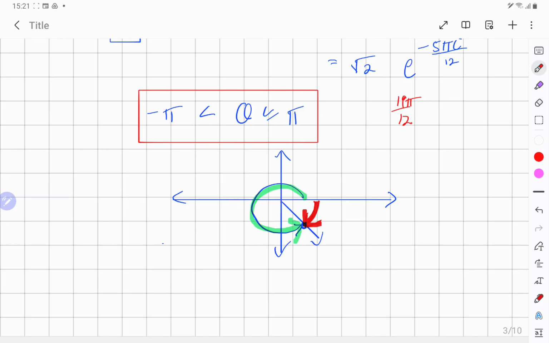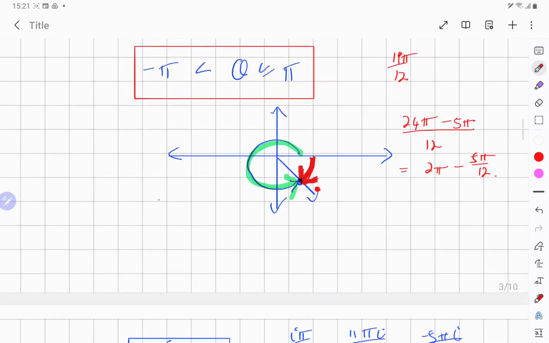I say, what is the closest number to 19 that's divisible by 12? Say I have 24 minus 5, so 19 pi over 12 is 2 pi minus 5 pi over 12. I split, so I am here.